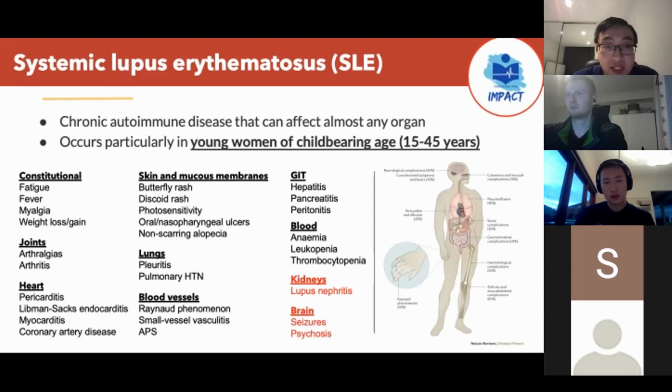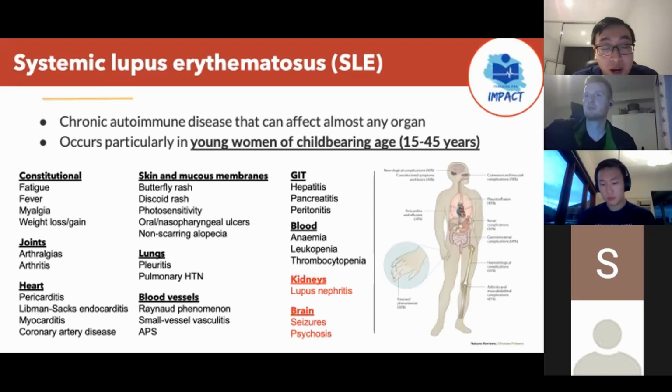So SLE exhibits great variability in clinical manifestations. I won't go through all the possible clinical features, but I have them listed on the slide, but we'll highlight a couple of notable ones. So SLE is associated with a valvular complication called Libman-Sacks endocarditis, also called verrucous endocarditis.